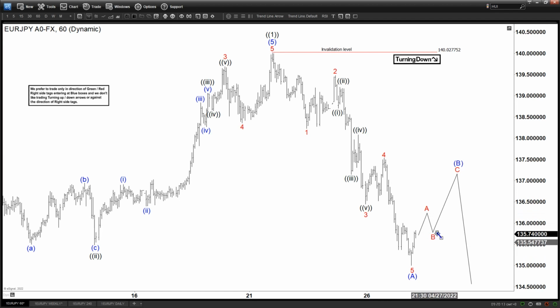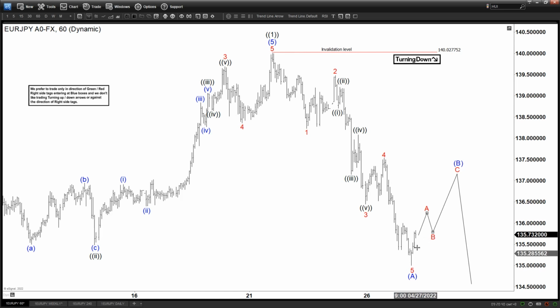Okay, it should rally in 3 waves regardless where the A is going to end. The A could be ending here, the A could be ending here, right? But the idea is it should rally in 3 waves, where usually the C is going to be equal to the A. So in other words, before you even know where the C is likely to end, you need to know where the A is going to end. You need to see where the B is ending.